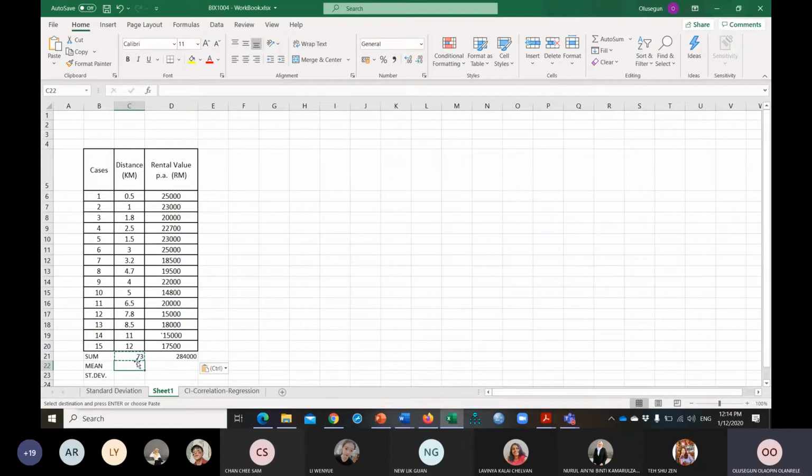We just get this. This will be the total divided by 15, right? This gives us 4.87. And same thing with this, so this is 18,933 RM. Let me put it in 2 decimal places.